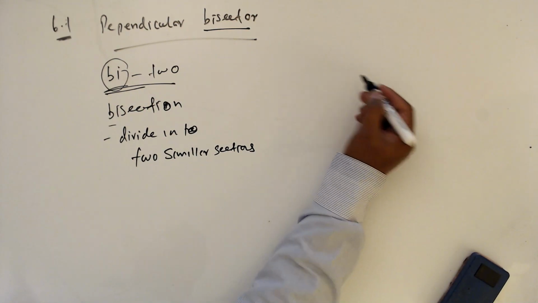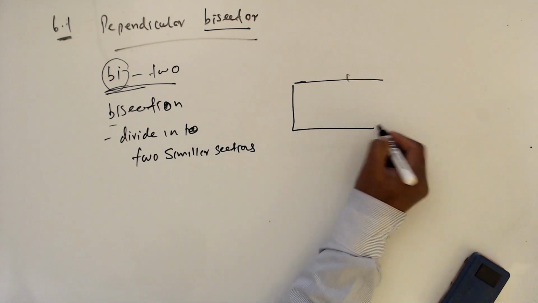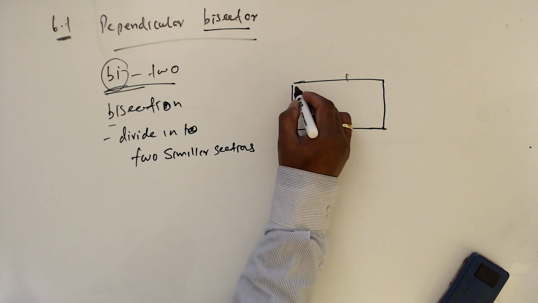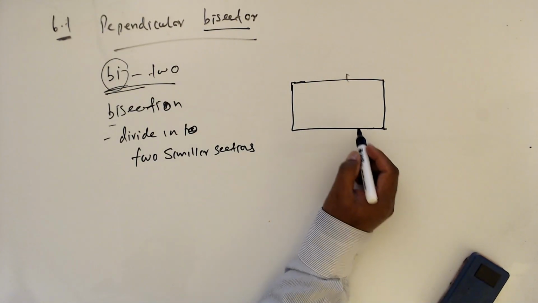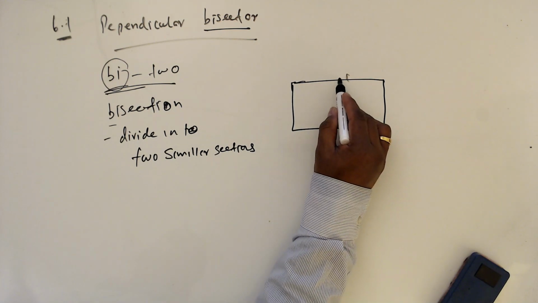Assume that you have an A4 paper. So I can divide it into two similar parts.